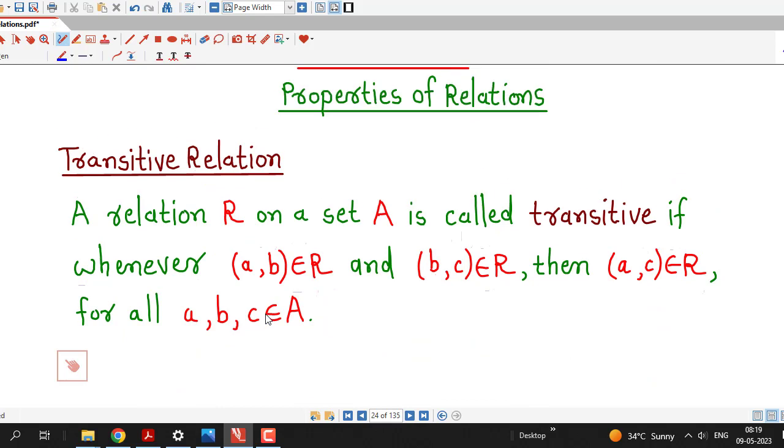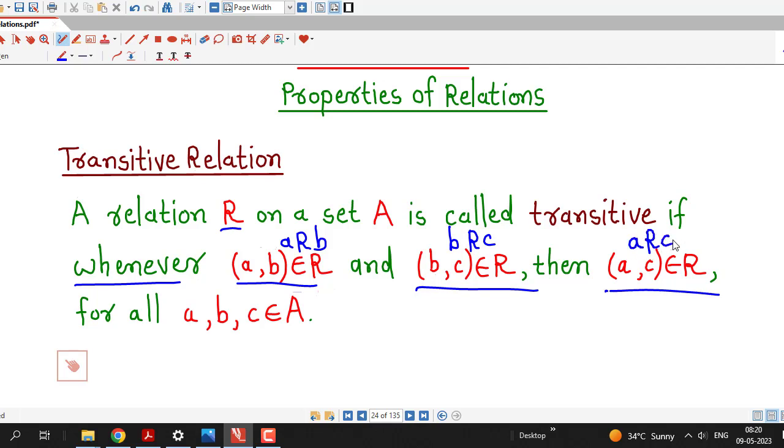So this is the definition. A relation R on a set A is called transitive if whenever (a,b) belongs to R, that is a is related to b, and (b,c) belongs to R, that is b is related to c, then (a,c) belongs to R, that is a is related to c, for all a, b, c belonging to A.